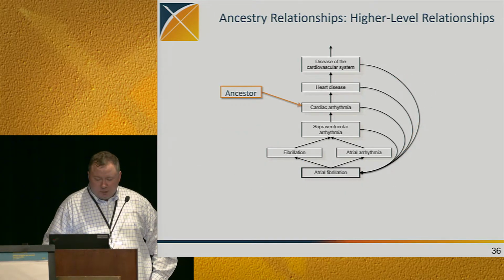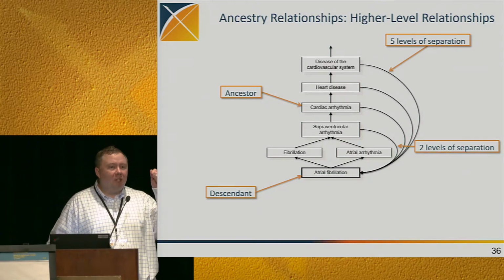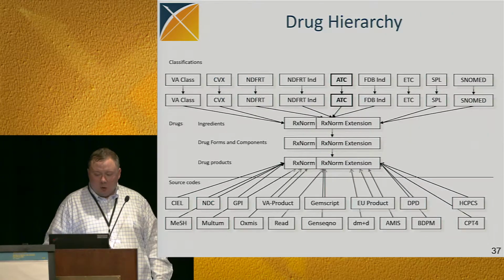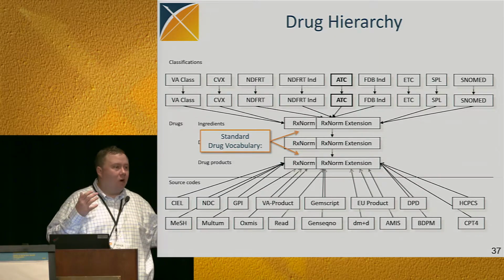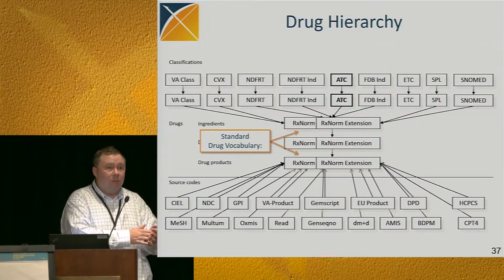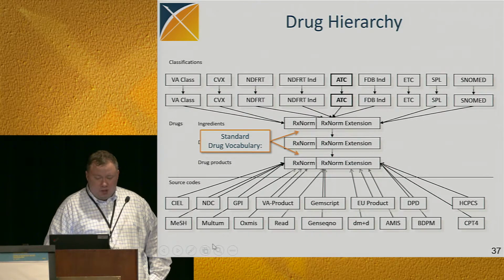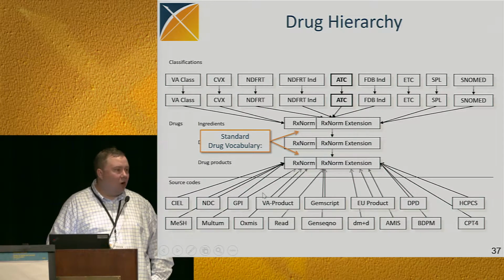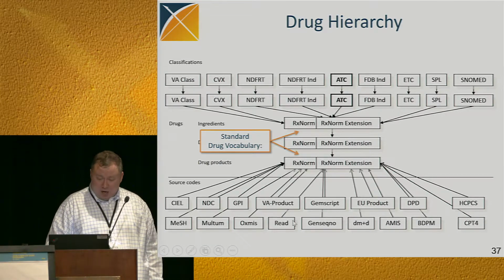Now, I'm showing you this particular example for conditions, but deliberately across every clinical domain, we're following the exact same principle. So if I go to drugs, for example, we have standard concepts in our drug vocabulary, which are really largely built off of ARACHNE as a standard. We have mapped a dozen or so different source drug codes into the ARACHNE standard, so things like NDC codes or GemScript codes or Multum, whatever you might have.